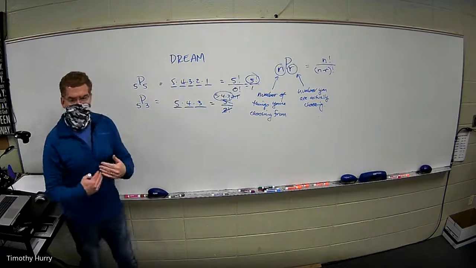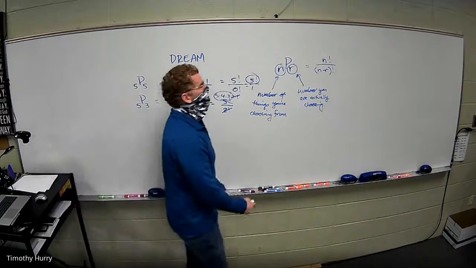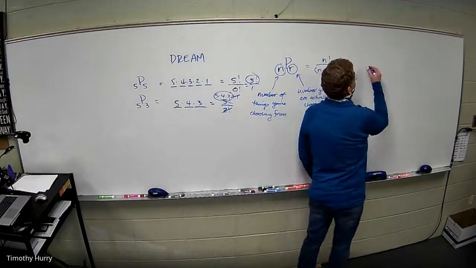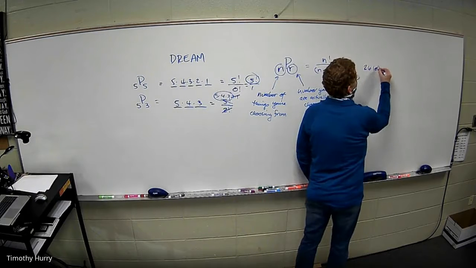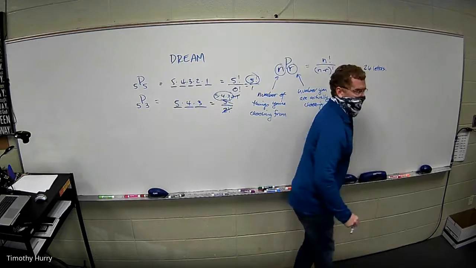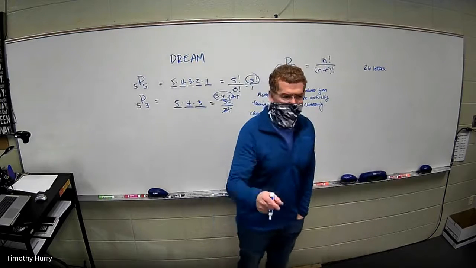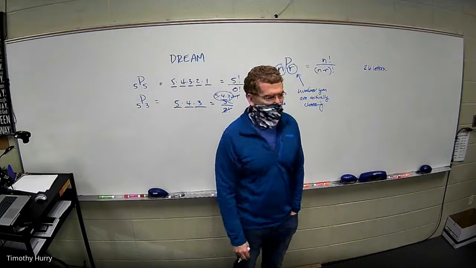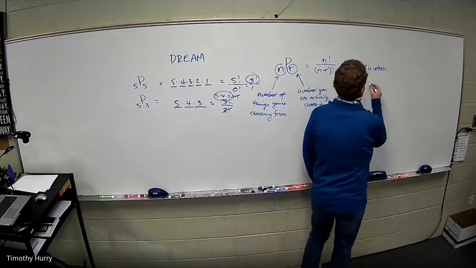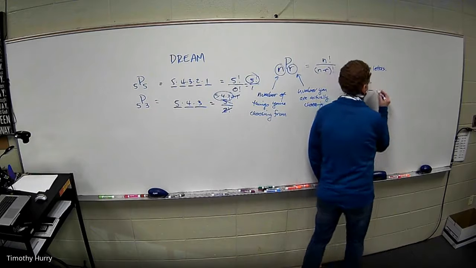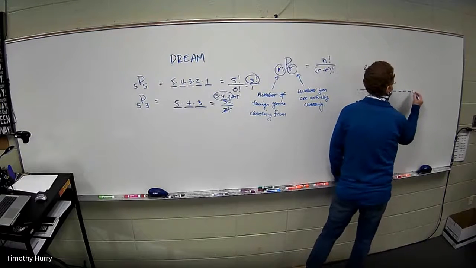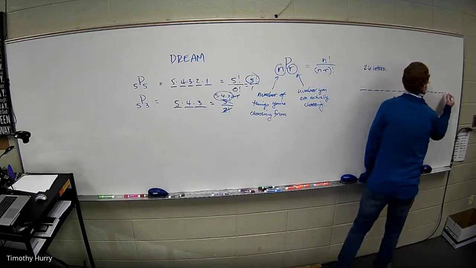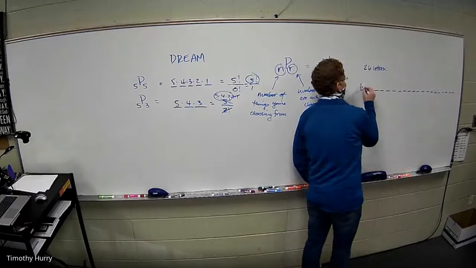What if I were to say, there are 26 letters in the alphabet, and I asked, how many 20-letter words can you make? And you're like, oh man, this is going to take forever. In the first letter, I've got 26.